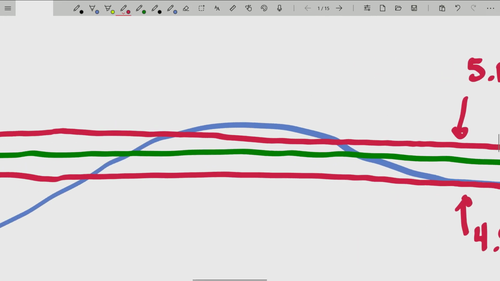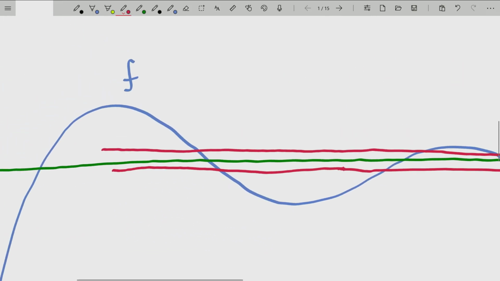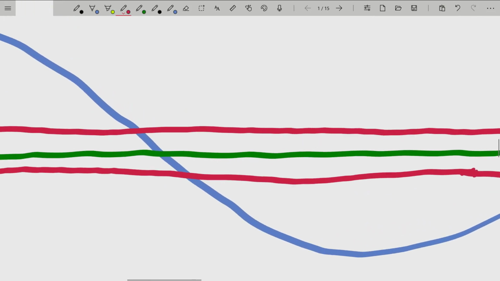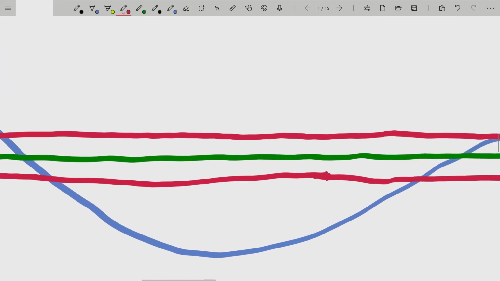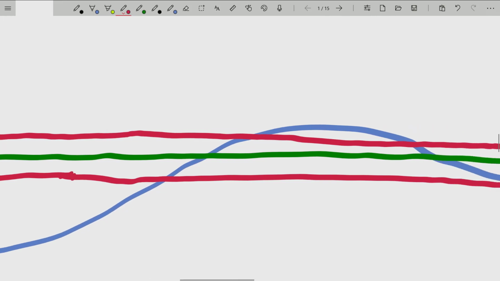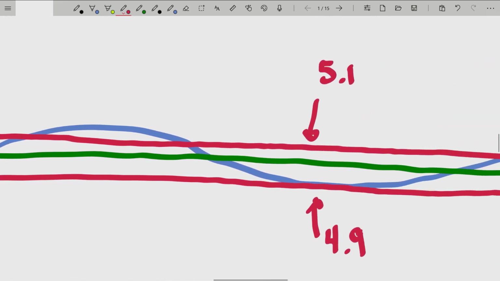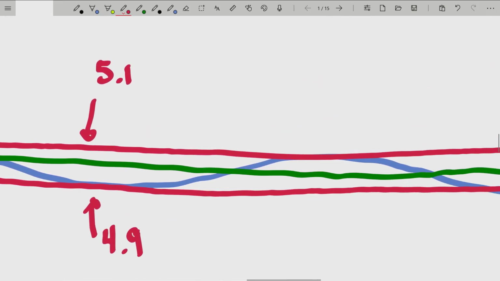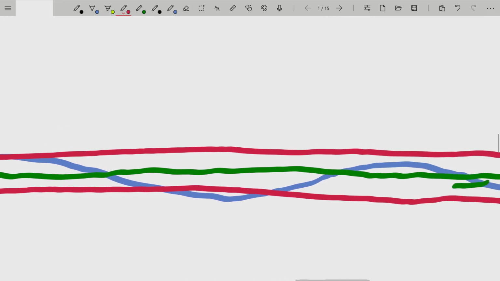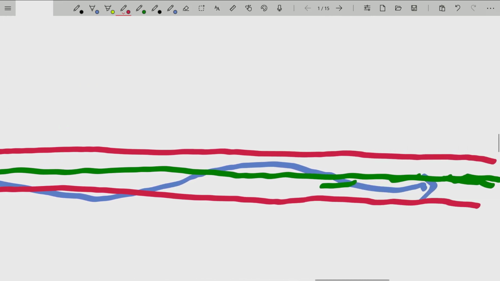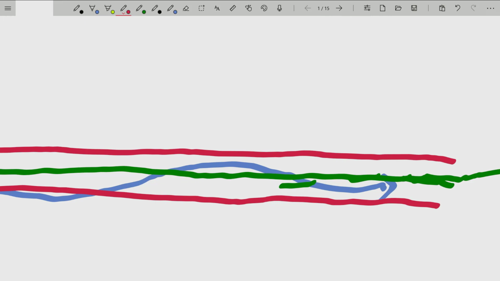Well, if you look to the left from the very beginning, our function definitely is outside of those red epsilon bars for a while. But as we scroll to the right, eventually our function does get captured in, my drawing is terrible. Our function does get captured to within those epsilon bars right about, let's say here.